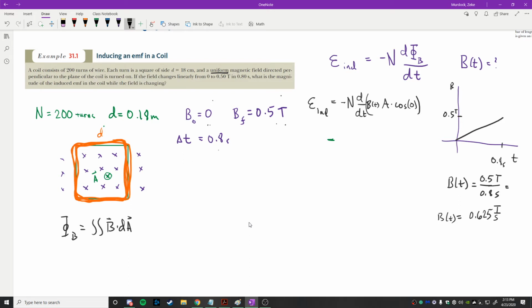Okay, so let's finish solving this. We've got some numbers to throw in here now. So negative N. Yo, what's up? If the direction of the magnetic field changes relative to the loop, it would be the angle that changes. Yep.